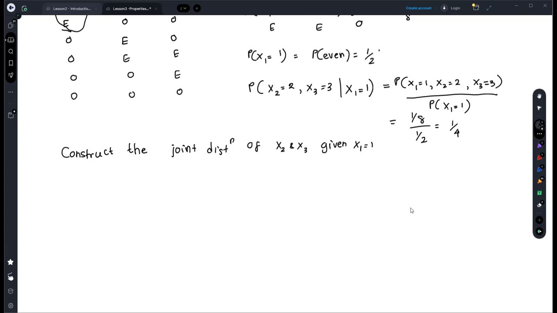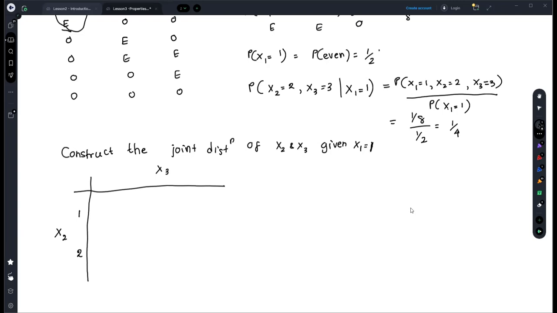Shall we prepare it? So what are the possible values that x1, x2 and x3 can get? So the joint distribution of x2 and x3, right? So let's put x2 here and x3 here. It's given that x1 equals 1. So for x2, you can either get 1 or 2. Why? 0 you cannot have because you have already got 1 for the first row.